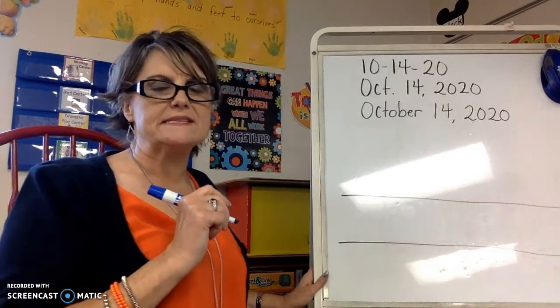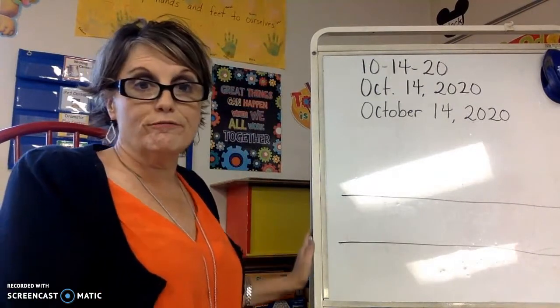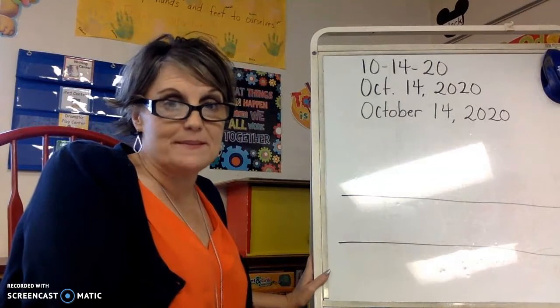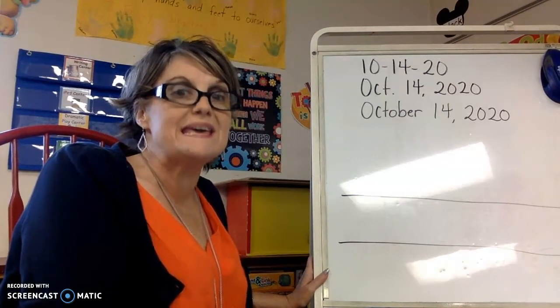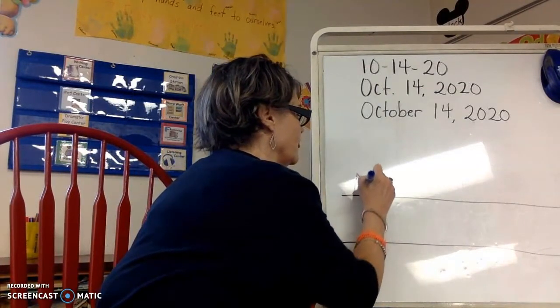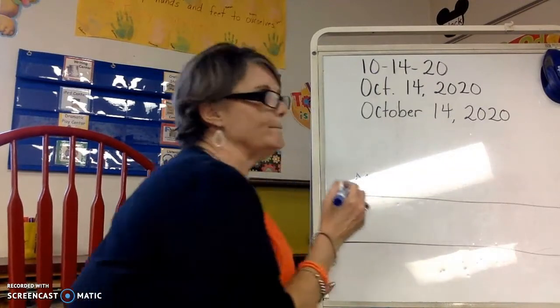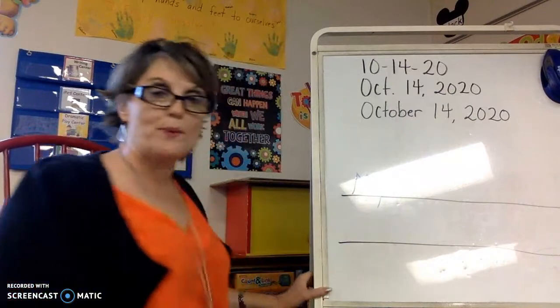I'm going to say my this time. Okay, I'm starting the sentence, so my first letter in a sentence has to be uppercase. So I'm making an uppercase M. Okay, so my is a sight word, so Mrs. Hensley is going to spell it correctly.